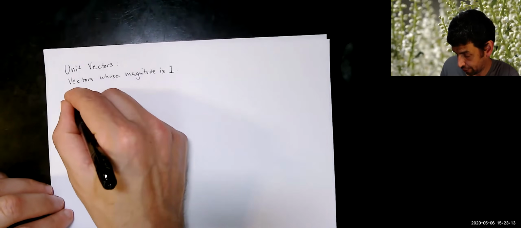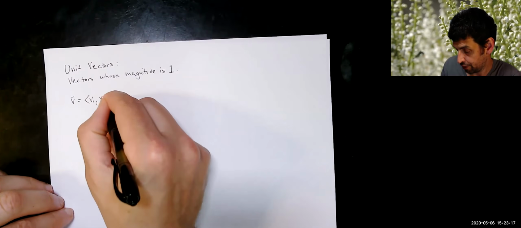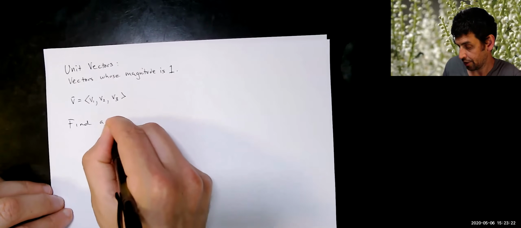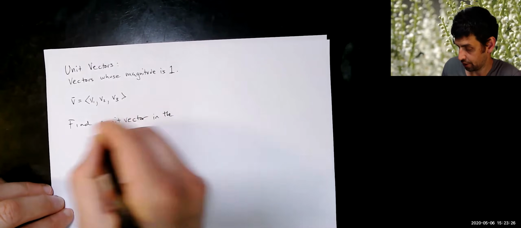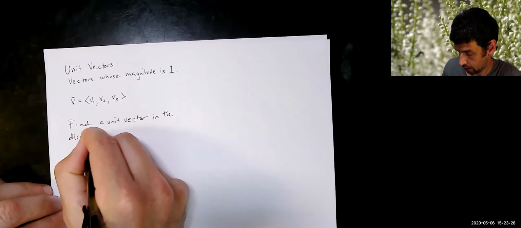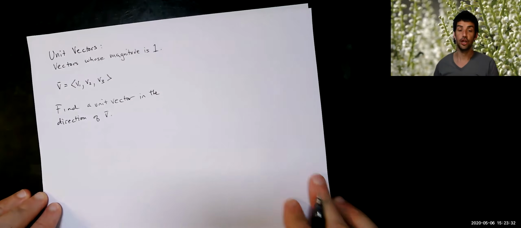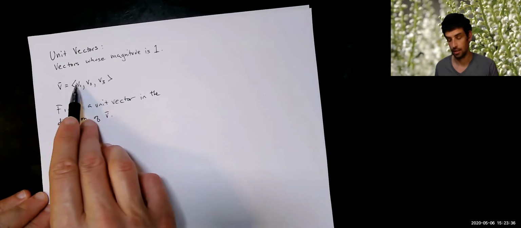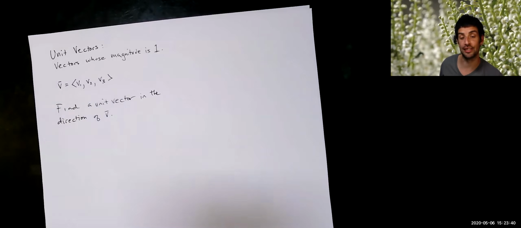If I have the vector v with components v1, v2, v3, I want to find a unit vector in the direction of v. Okay. Well, how do we get vectors in the same direction as another vector but a different length?